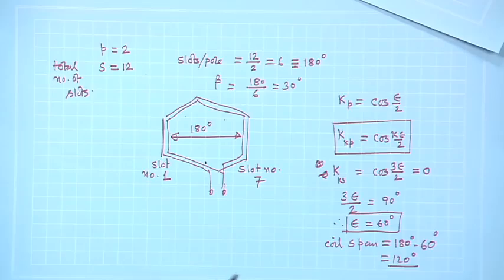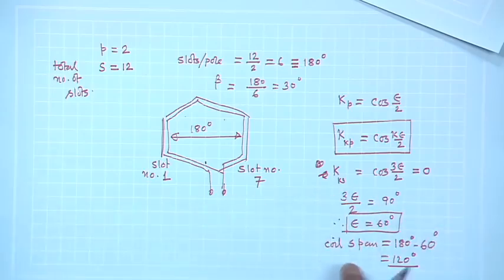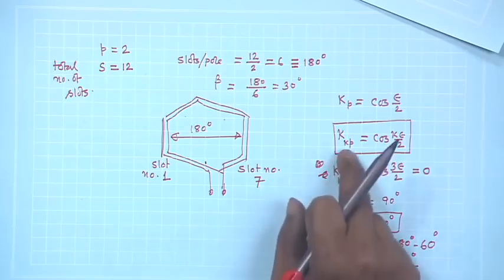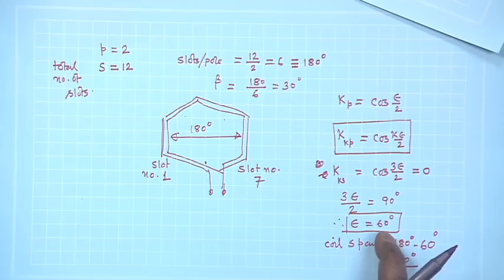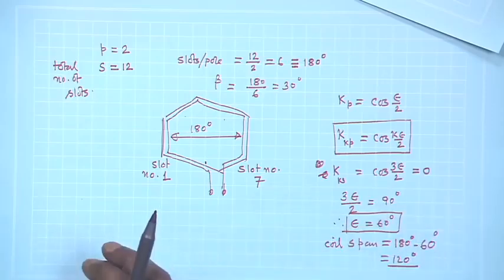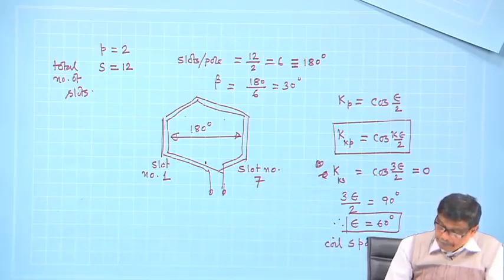If you make 120 degree, then the fundamental voltage will be reduced. There will be the fundamental component Kp also, because the epsilon value is 60 degree for fundamental. So, that will be reduced by a factor cosine 30 degree, cosine epsilon by 2, no doubt.